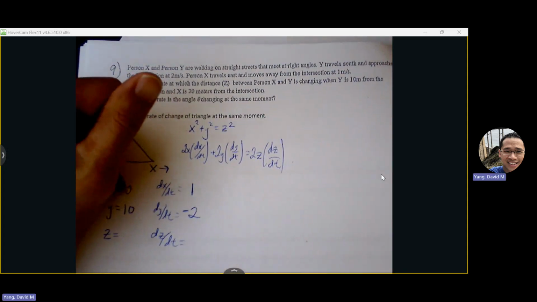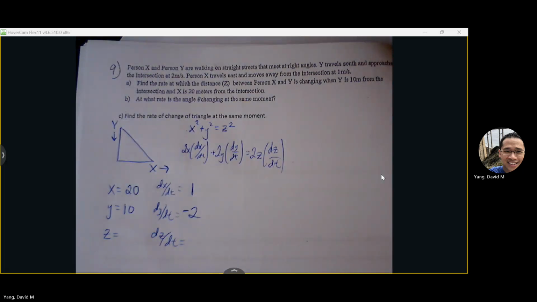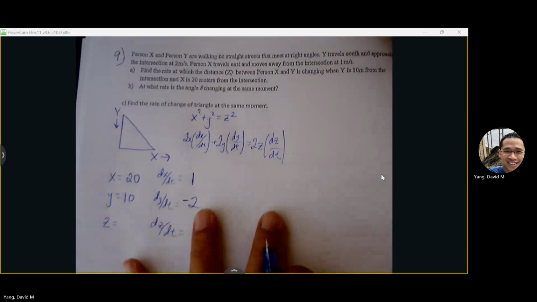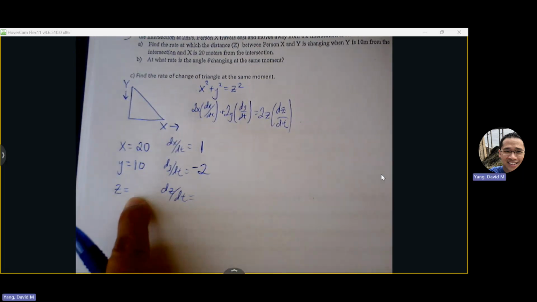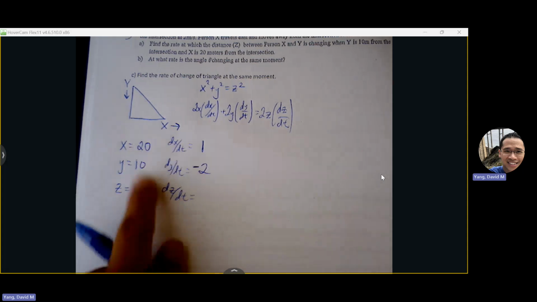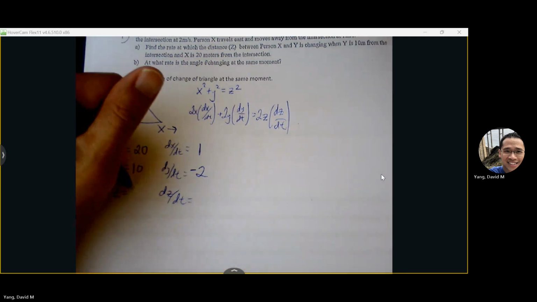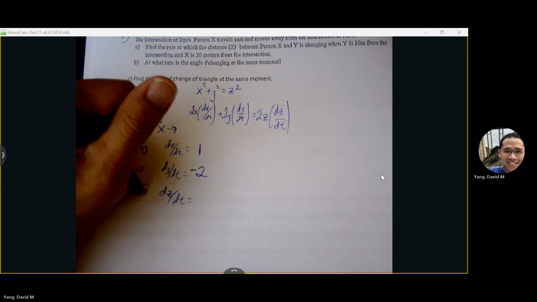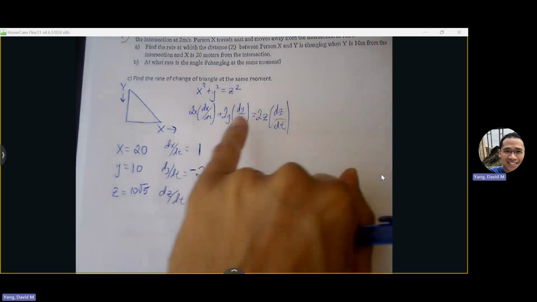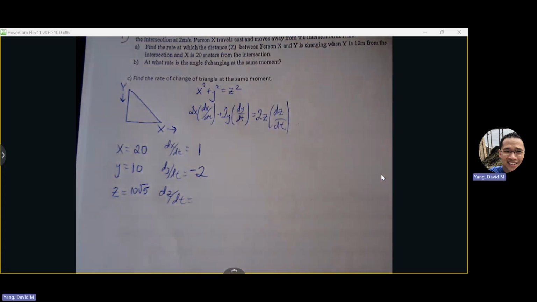X is 20. So we can solve for z using Pythagorean theorem, a squared plus b squared equals c squared. And the rest can just all get plugged in to find dz/dt.